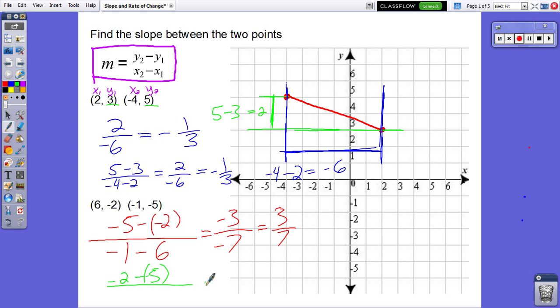And if we put the 6 first, we'd have to subtract negative 1. Negative 2 minus negative 5 is the same thing as negative 2 plus 5. We end up with 3 on the top. 6 minus negative 1 is the same thing as 6 plus 1. We end up with 7. Just like in the other case, we get 3/7. So it doesn't matter which way you do it.